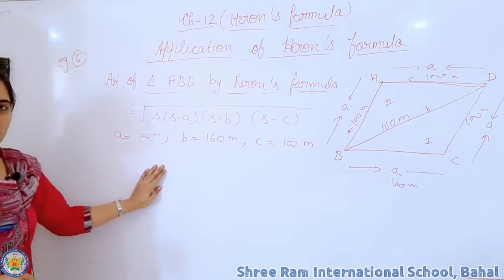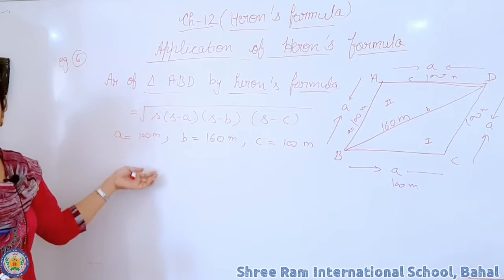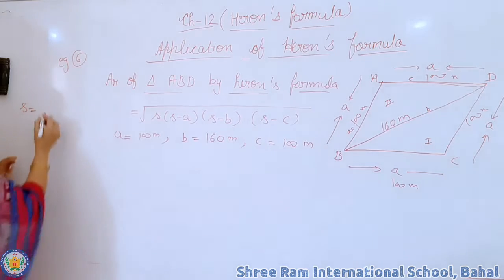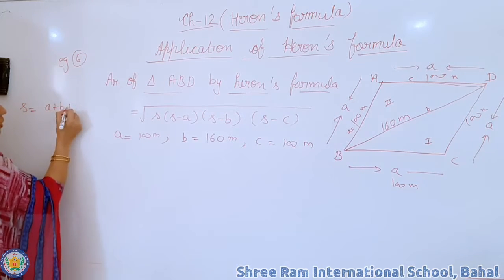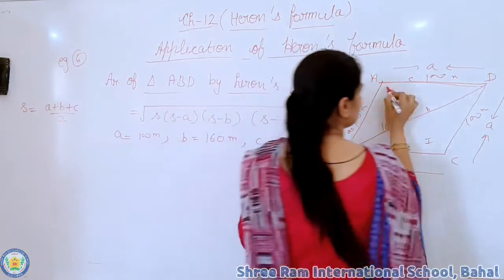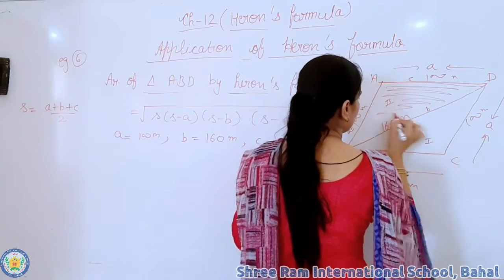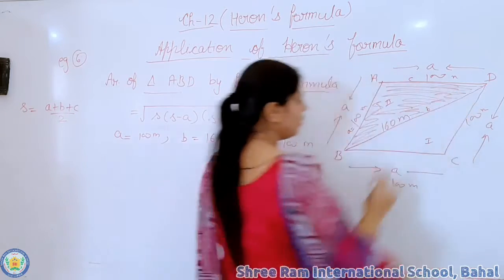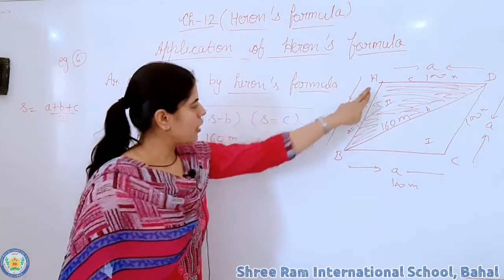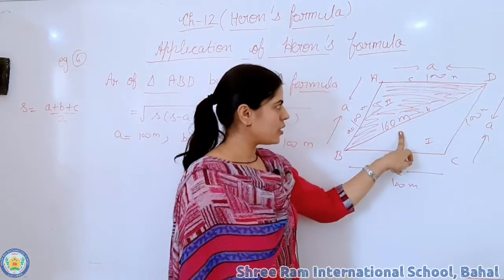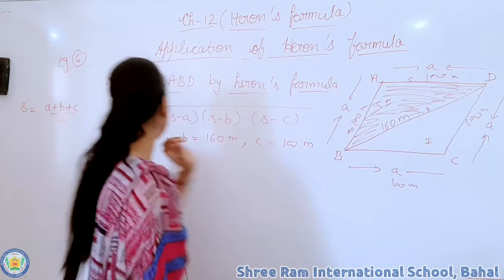Now we will find out the value of S. S is the semi-perimeter. S is A plus B plus C divided by 2. We are finding the area of this shaded triangle, so don't be confused here. AB is 100 meter, BD 160 meter and AD 100 meter.